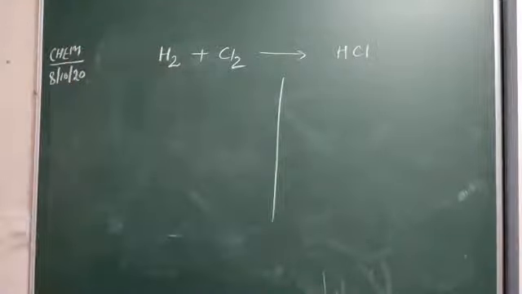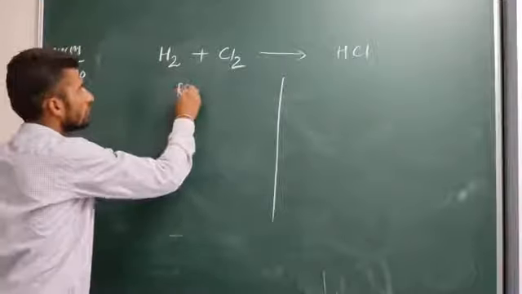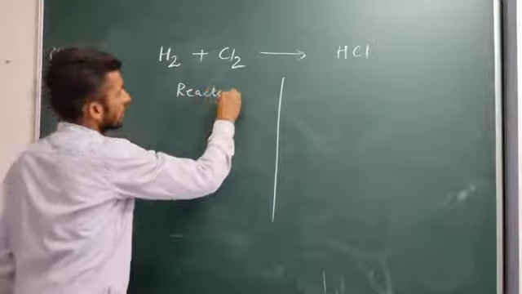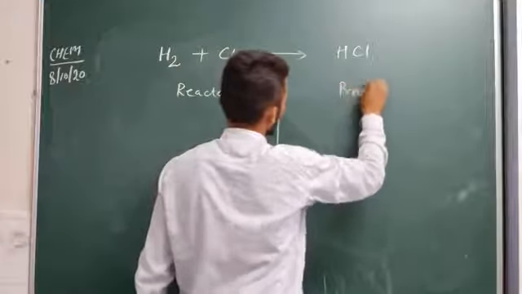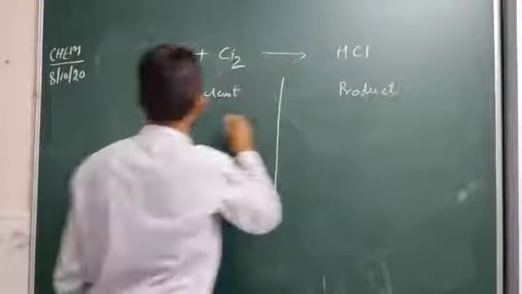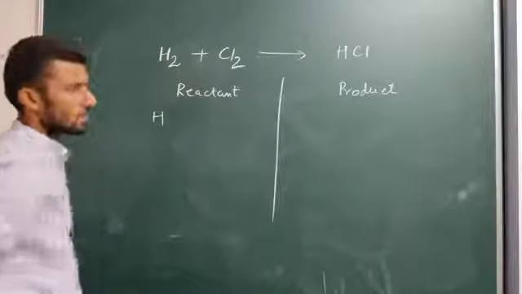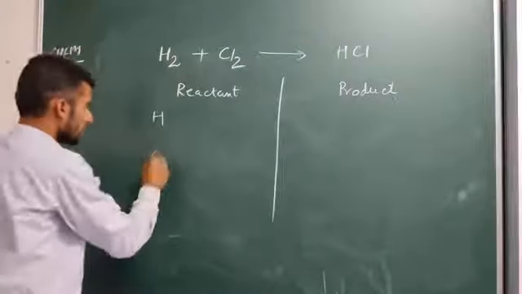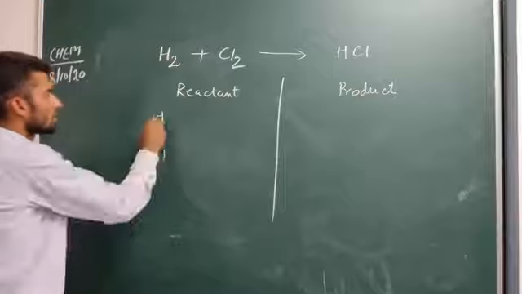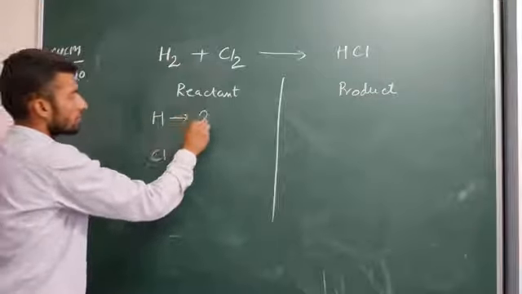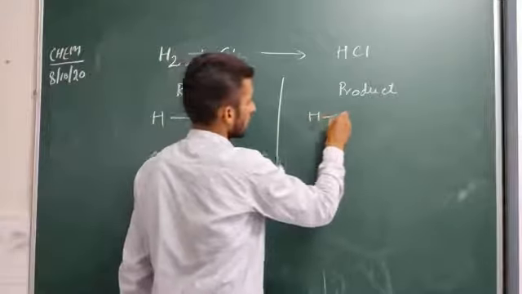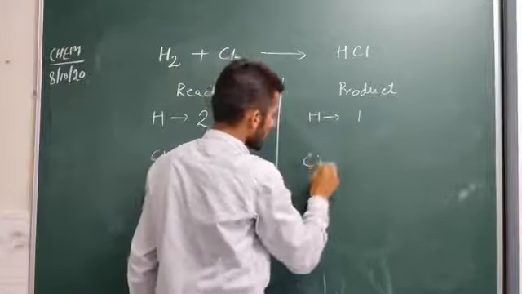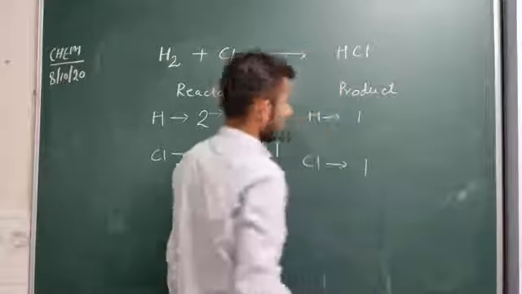In order to balance it, what we need to do is divide it into two columns. One is the reactant column and another one is the product column. Two reactants are present, one is hydrogen, another one is chlorine. So hydrogen, how many? 2. Chlorine also 2. This side it is 1, and Cl it is also 1.